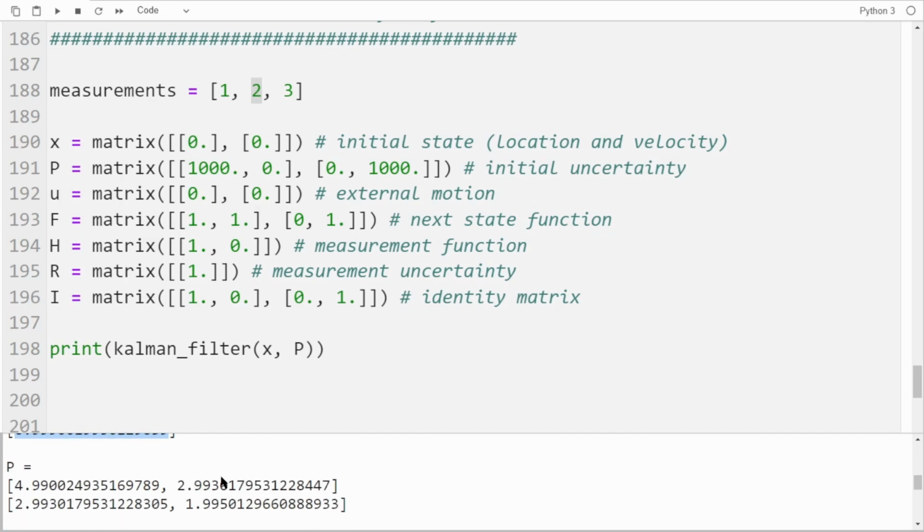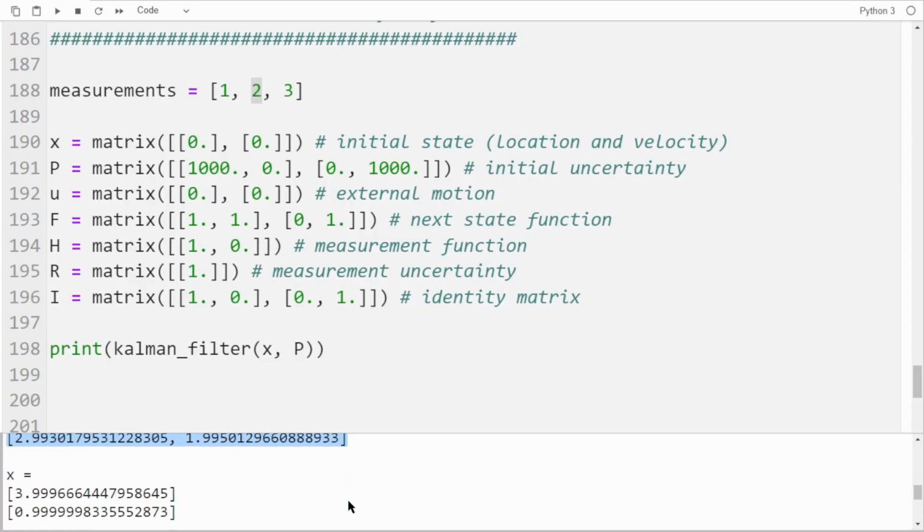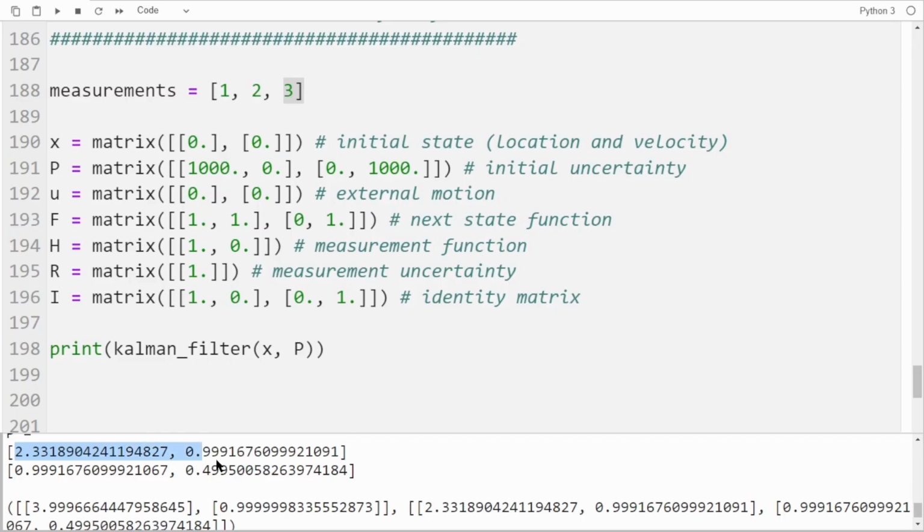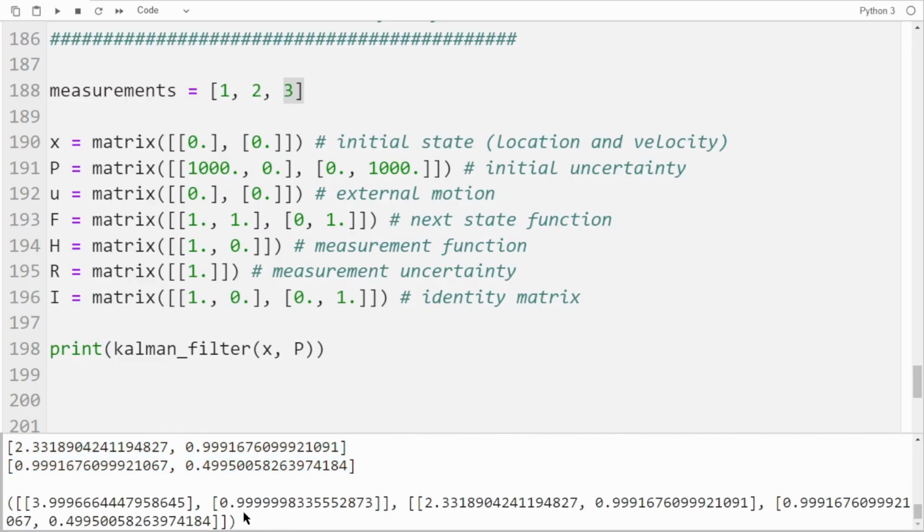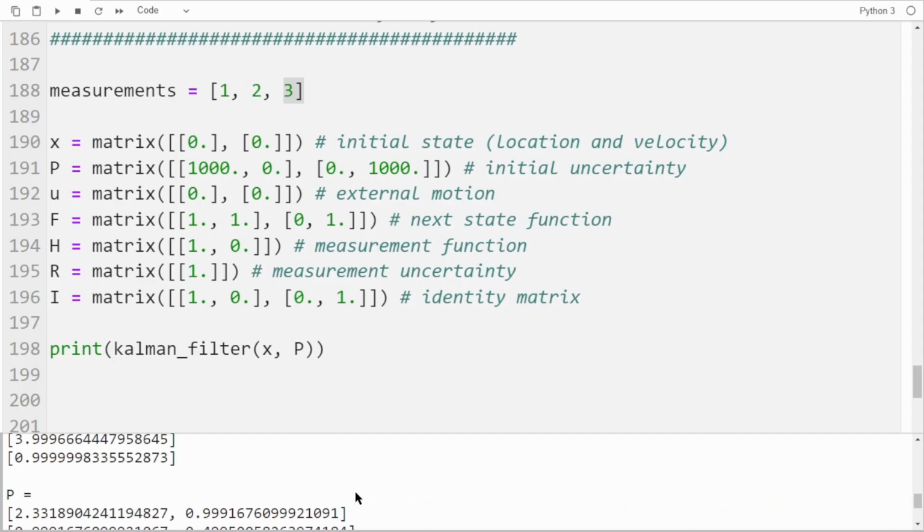There's a new covariance matrix. And for the third observation, followed by the prediction is correctly, effectively 4, 3.999. Velocity estimate is correctly 1, which is 0.99999. And I have yet another uncertainty matrix, which illustrates I have high certainty in the velocity estimate and also relatively high certainty in the position estimate compared to my initial uncertainties.